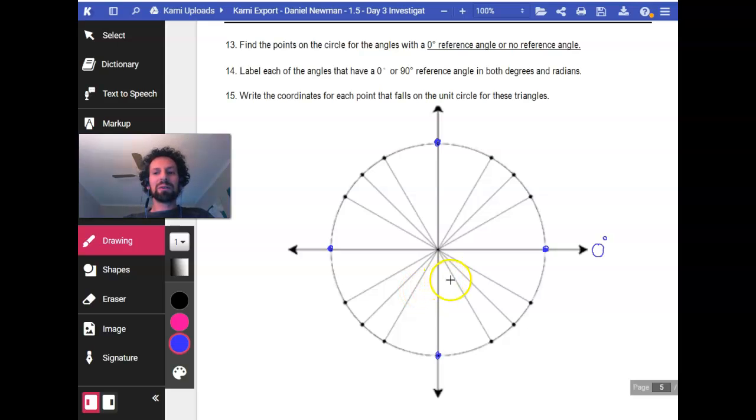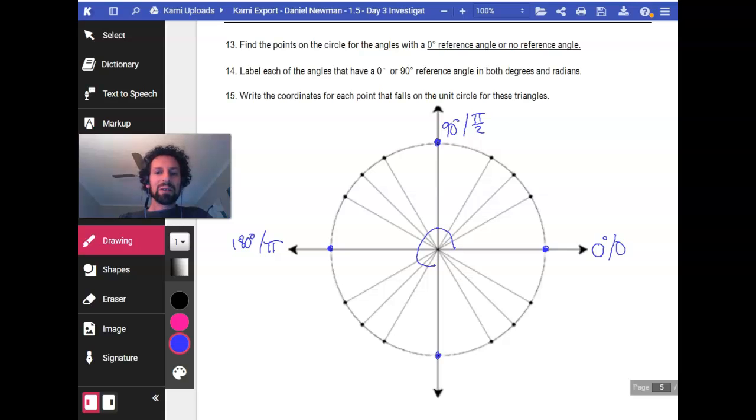This is 0 degrees, and it's also 0 radians. Okay, then we get to 90 degrees, and this is a half of pi, or pi over 2 radians. Because once you get to this point, this is pi radians, or 180 degrees, making this point 1/2 of that distance.